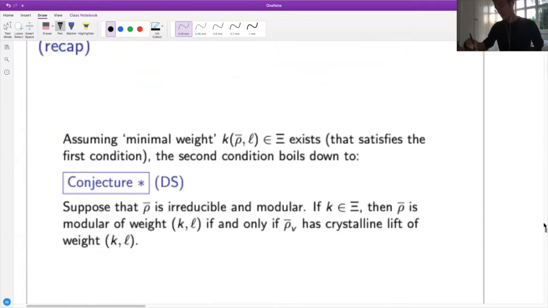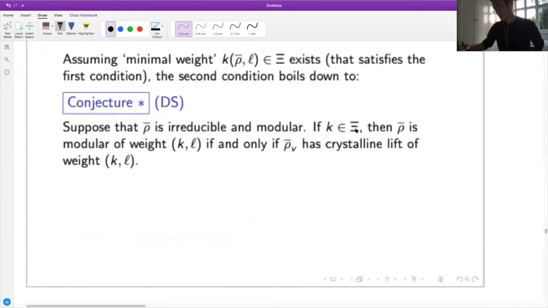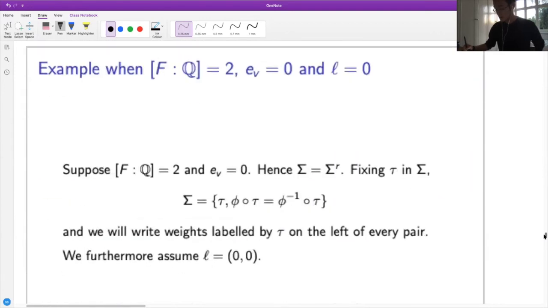If you assume that there is a minimal weight satisfying the first condition, the second condition boils down to the following statement: that rho bar is irreducible and modular, then if k is in Xi, rho bar is modular of weight k is equivalent to saying that rho bar has a crystalline lift of weight (k, l). So here, the example I'm going to talk about is the unramified quadratic inert case.